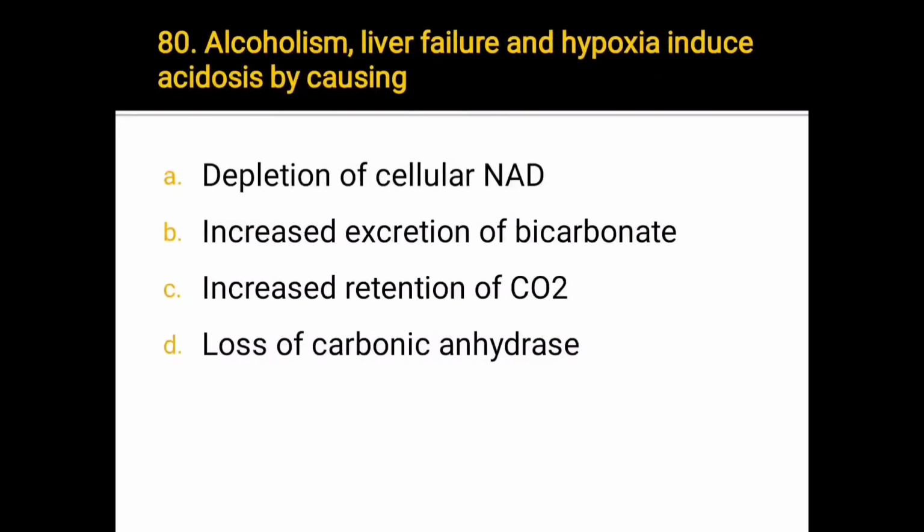Alcoholism, liver failure, and hypoxia induce acidosis by causing A. Depletion of cellular NAD, B. Increased excretion of bicarbonate, C. Increased retention of CO2, D. Loss of carbonic anhydrase. Correct answer A. Depletion of cellular NAD.